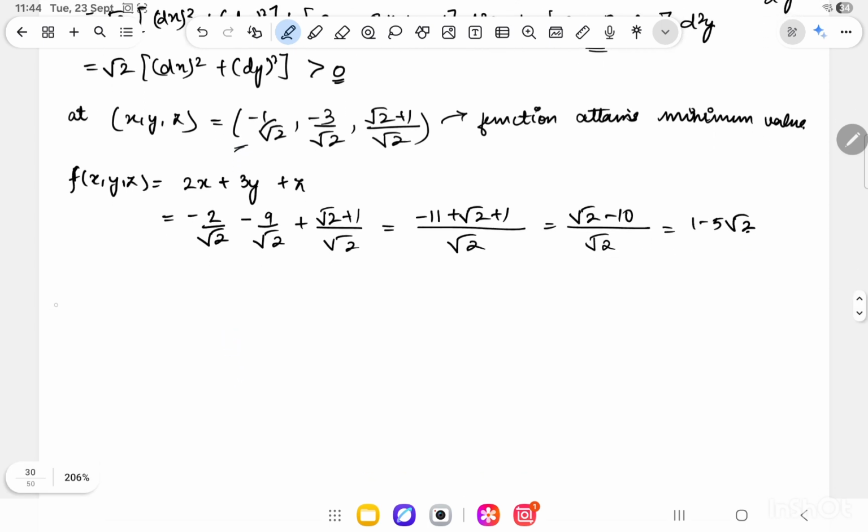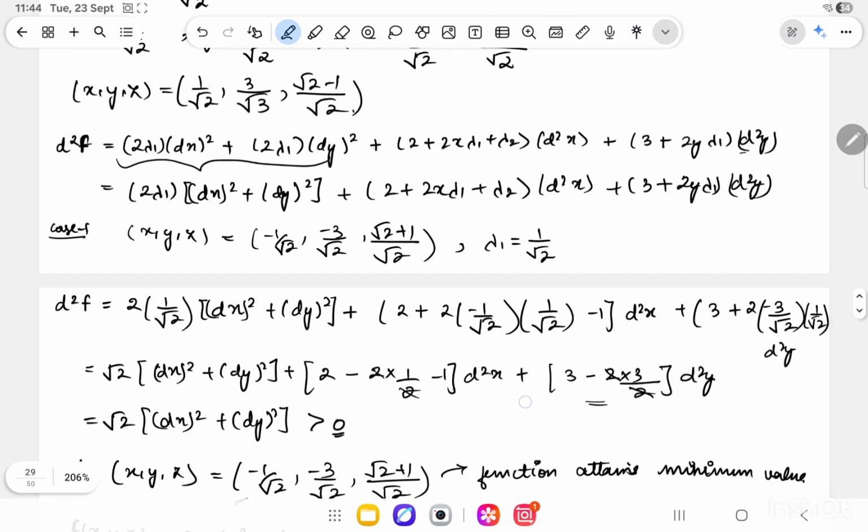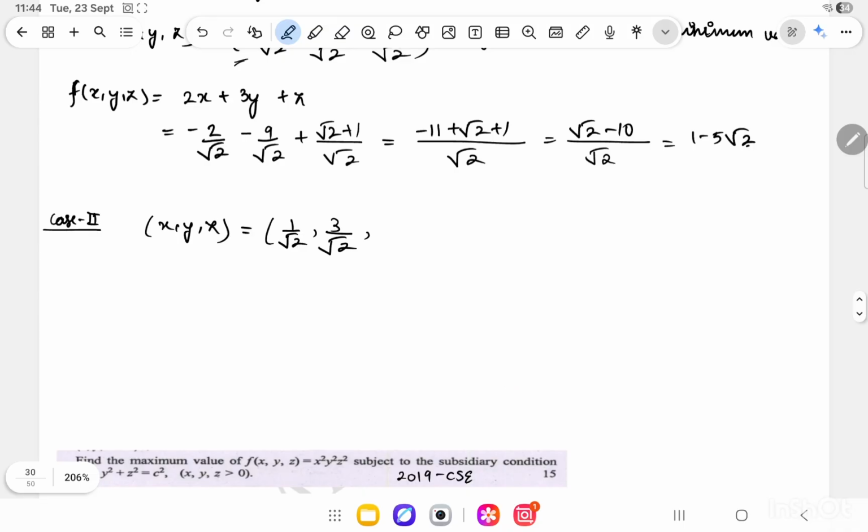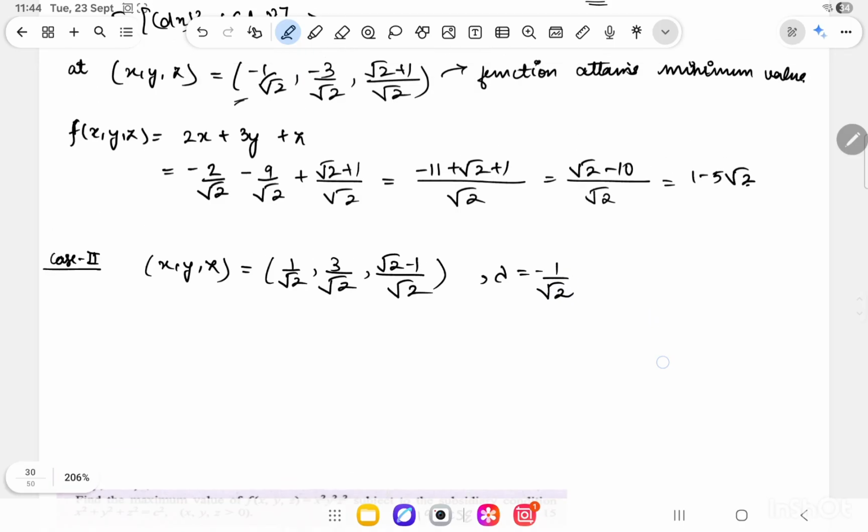Now let's check for another case, that is case 2, when my x, y, z point is basically 1 by root 2, 3 by root 2, root 2 minus 1 by root 2, and in that case my lambda is basically minus 1 by root 2.